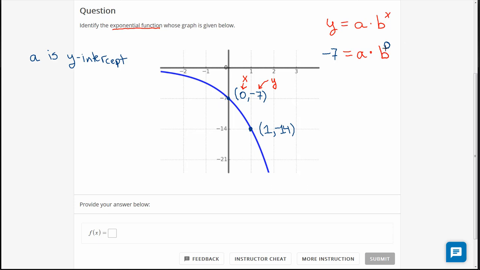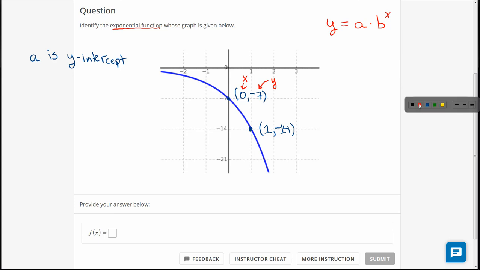And so now you can see, b to the 0 is always equal to 1. And so sure enough, a has to be negative 7. So we just figured out that a had to be negative 7 in 2 different ways.